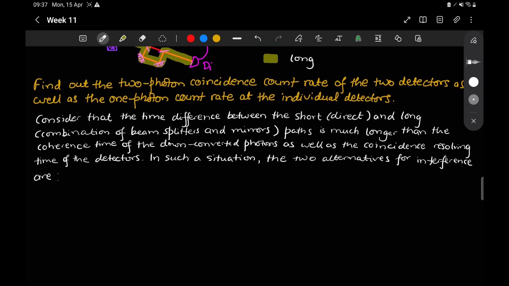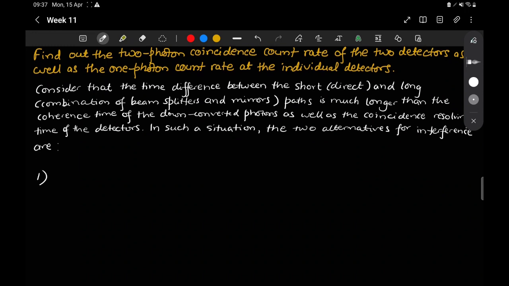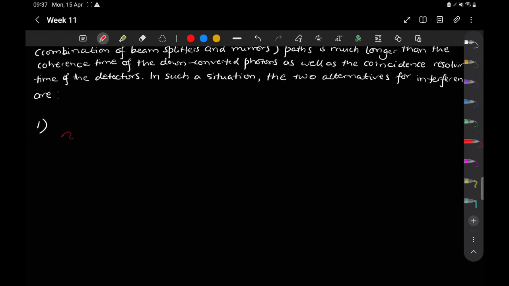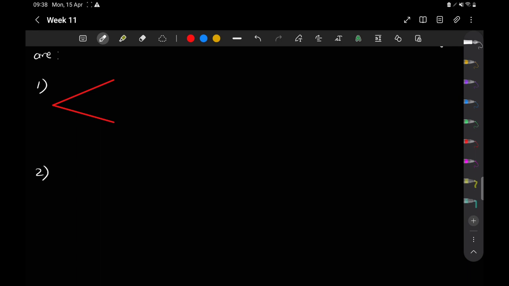So let us draw the alternatives for interference. So we will have two alternatives. First is both the photons take the short path, and the second alternative is both the photons take the long path.